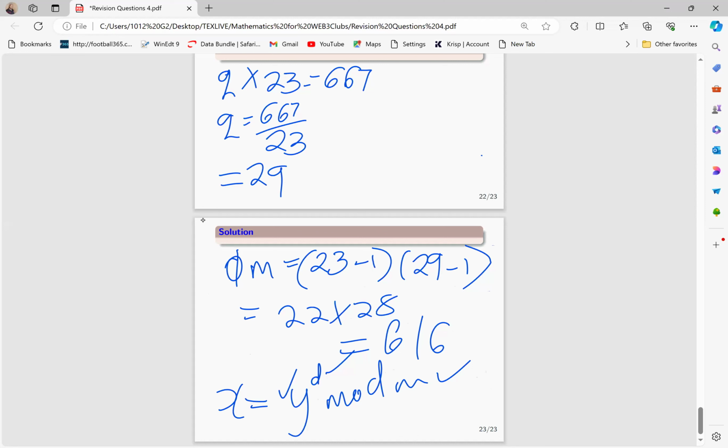So that is the security of the system. But again, even with 667, it's not very easy, because you must factor it. There's no other way to get phi of M of any number, you must factor it first. You see, she was able to factor it into 23 and 29.